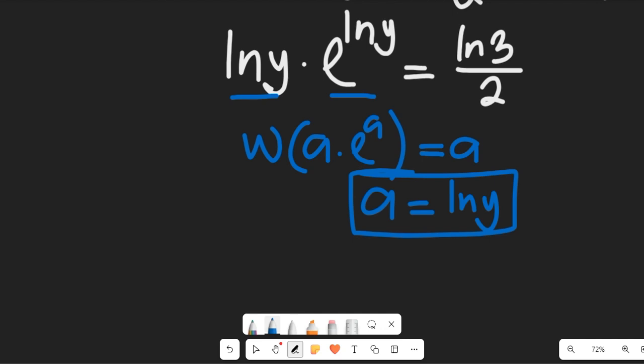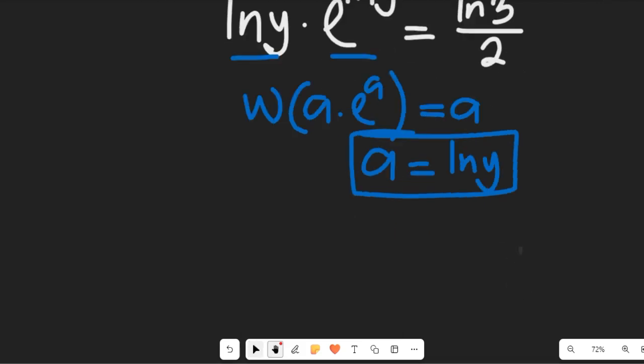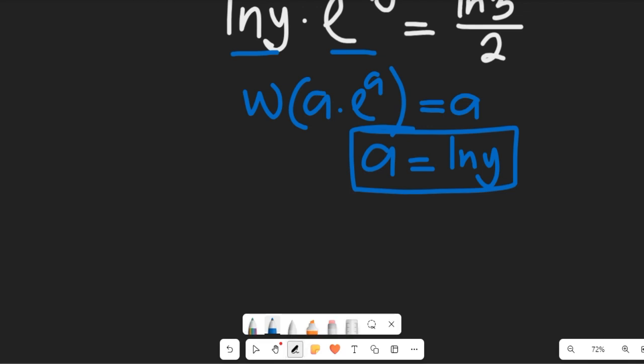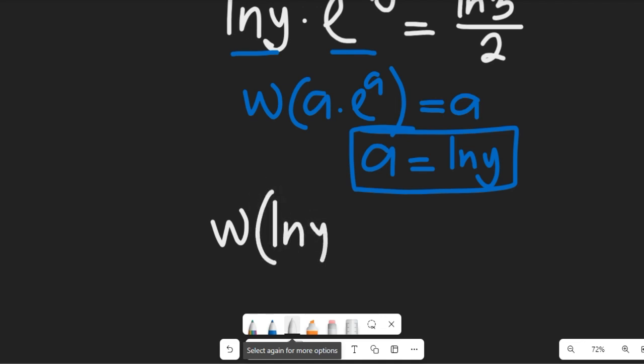So if you compare that Lambert expression with my expression, that expression will now give me the Lambert. If I take the Lambert of both sides, that will now give me the Lambert of ln of y multiplying the exponent of ln of y, right?